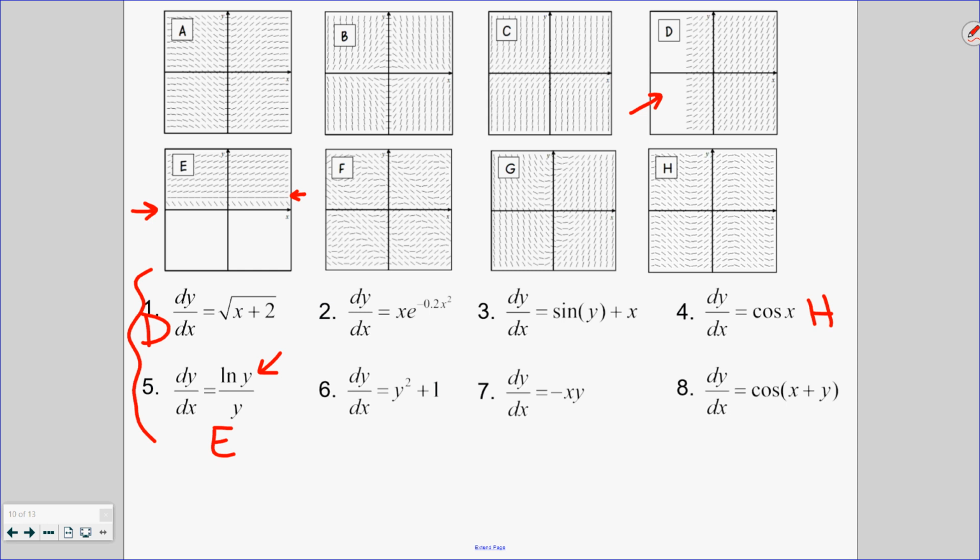Let's look at some other choices here. So let's look at B. So on B, if you're going along the x-axis, you can see that we have slopes of 0 all the way down the whole x-axis.